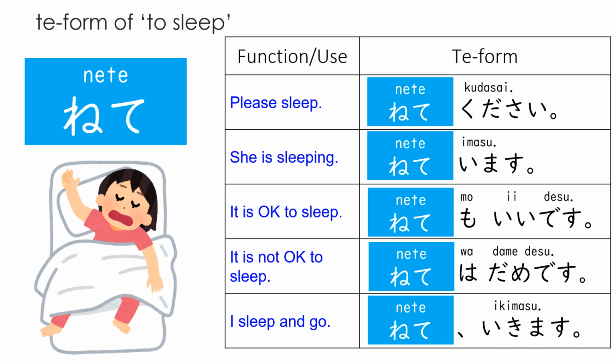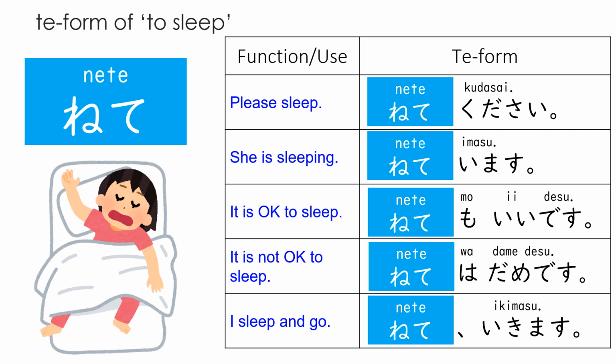Okay, here is one more example. The form of the verb to sleep is 寝て. So, please sleep is 寝てください. She is sleeping. 寝ています. It is okay to sleep. 寝てもいいです.